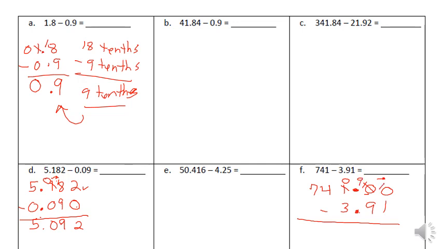Now 10 minus 1 gives us 9. 9 minus 9 gives us 0. Let's go ahead and put our decimal place in there. 0 minus 3, I can't take 3 away from 0, so I have to regroup again. Now we have 10 minus 3 is 7. 3 minus 0 is 3, and 7. Now if I wanted to check this, once again, I could add them up. 9 plus 1 is 10.